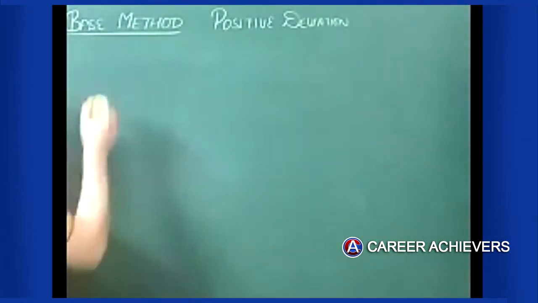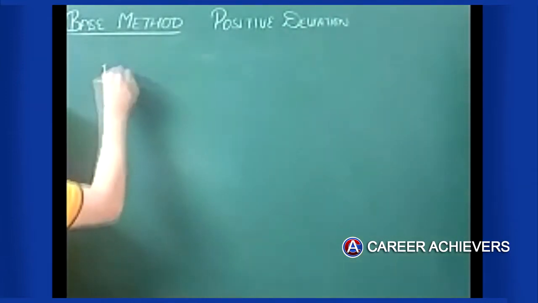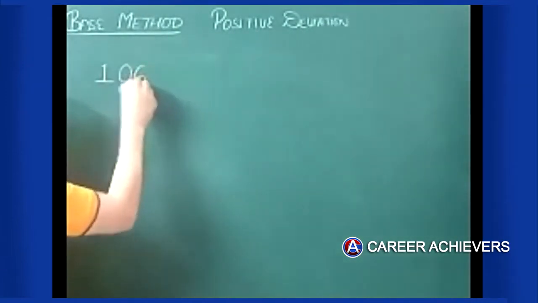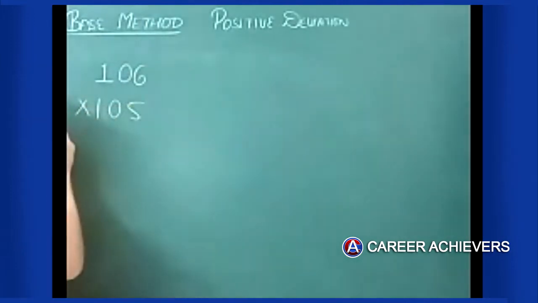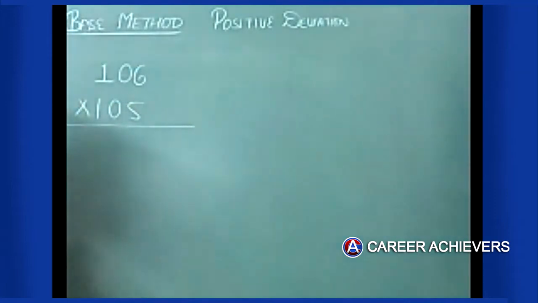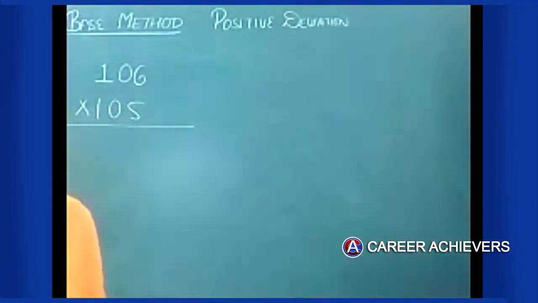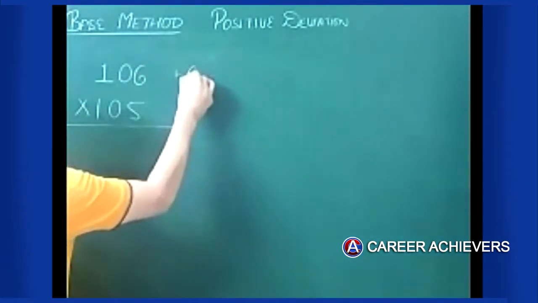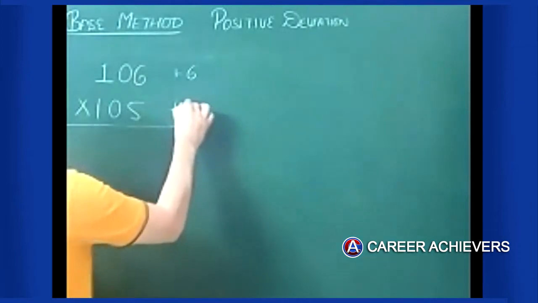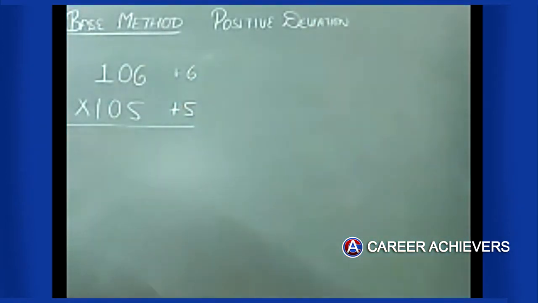First I will explain an example and then I will ask you a few questions. The first question which I am taking is 106 times 105. Both numbers have positive deviation. Here the positive deviation is plus 6 and here it is plus 5.